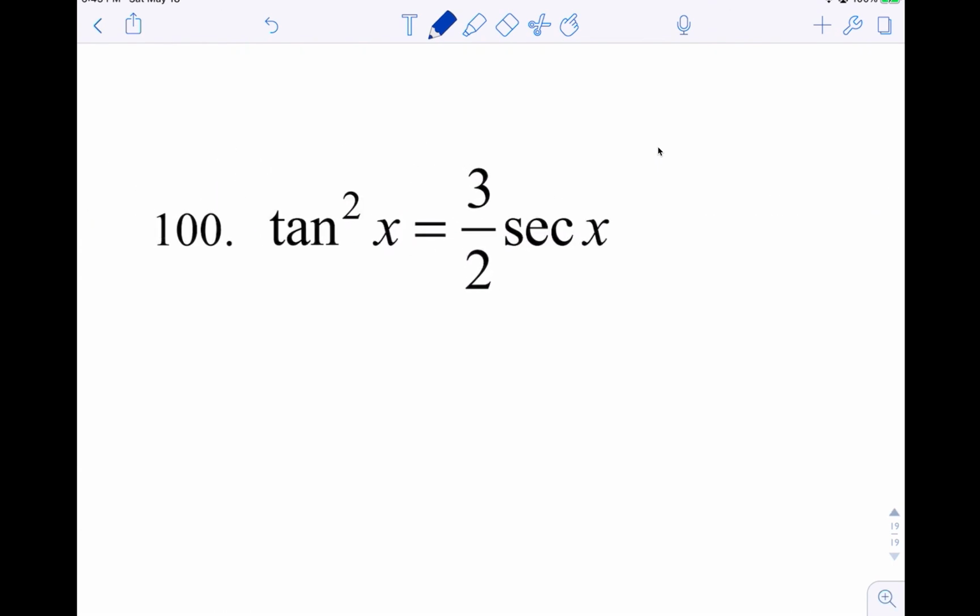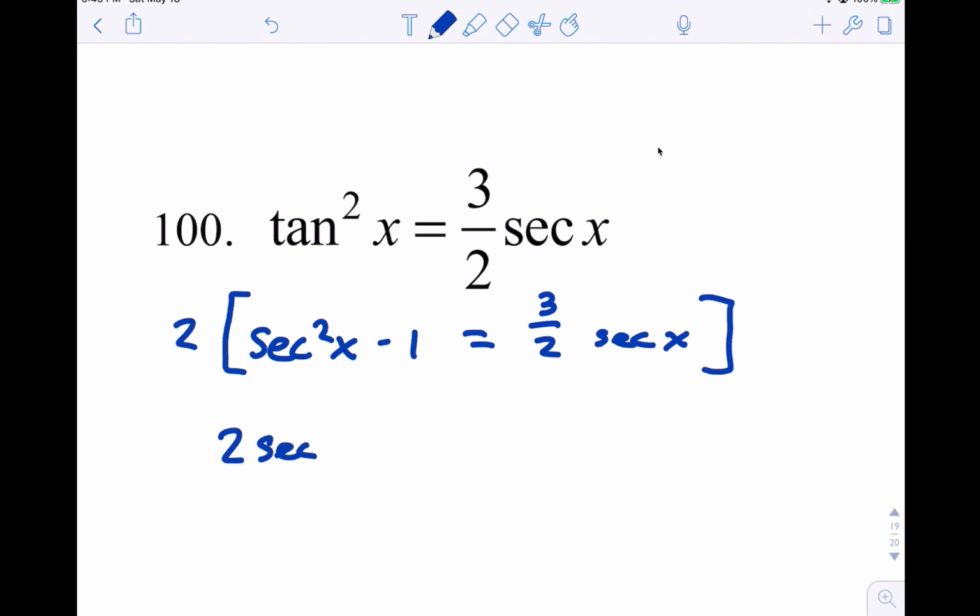Okay, next. Tangent squared equals 3 over 2 secant. All right, so let's change tangent squared. We can change that to be secant squared minus 1 equals 3 over 2 secant. Okay, now I want to get rid of that fraction, so I'm going to multiply everything by 2.